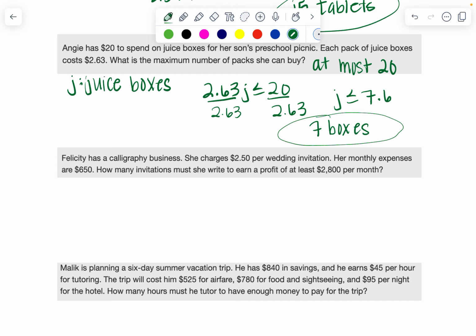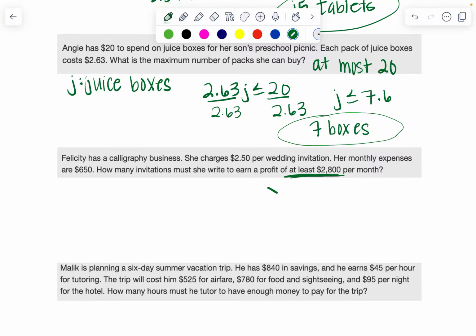Felicity has a calligraphy business. She charges $250 per wedding invitation. Her monthly expenses are $650. How many invitations must she write to earn a profit of at least $2,800?